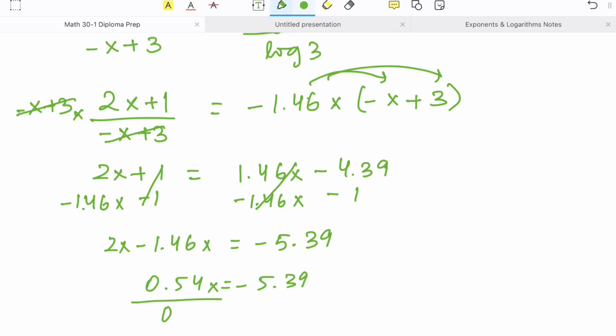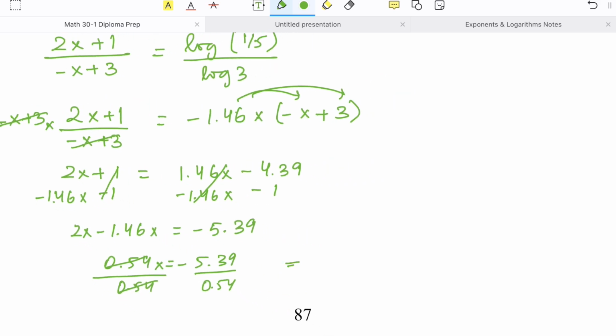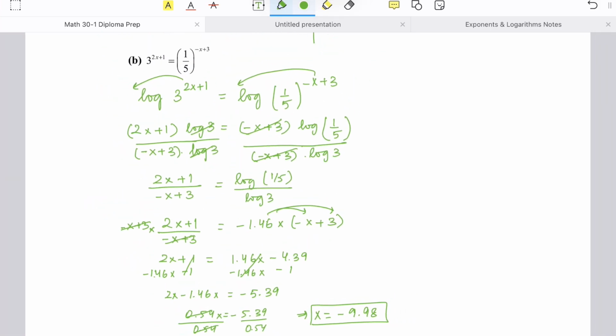So we divide 0.54 on both sides. 0.54 gets cancelled. We are left with x is equal to negative 9.98. Okay, that's how we solve this question.